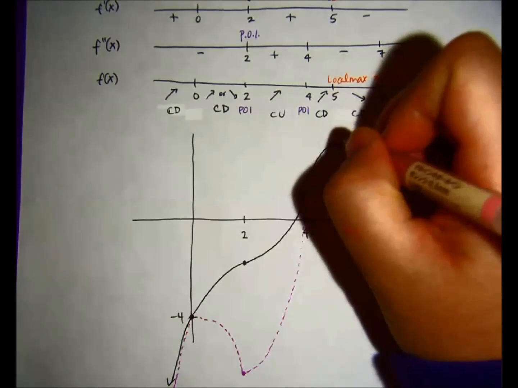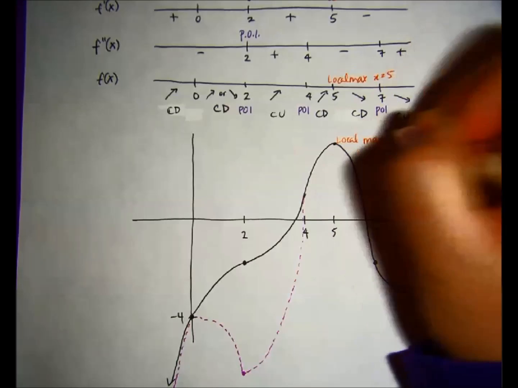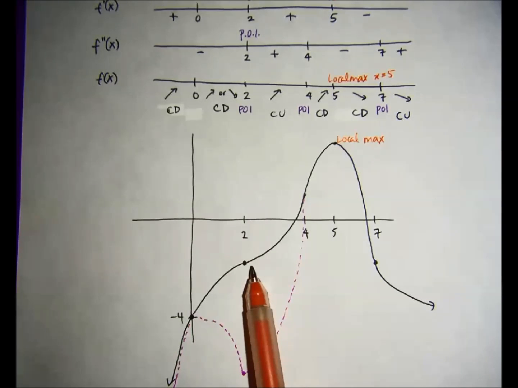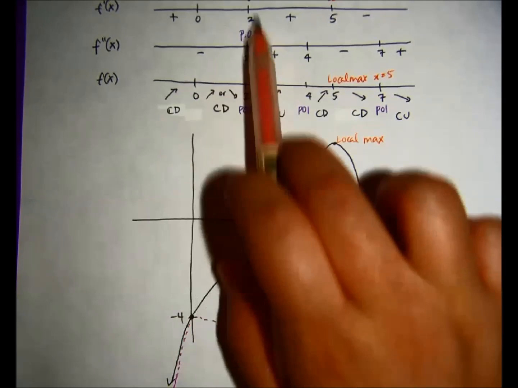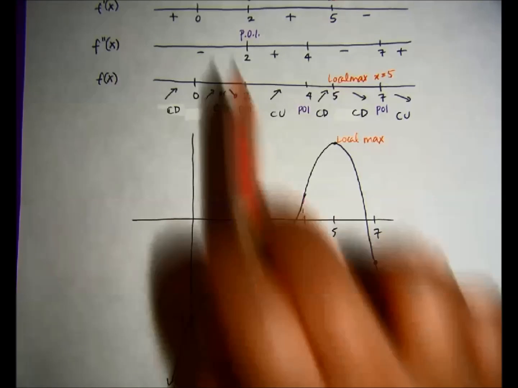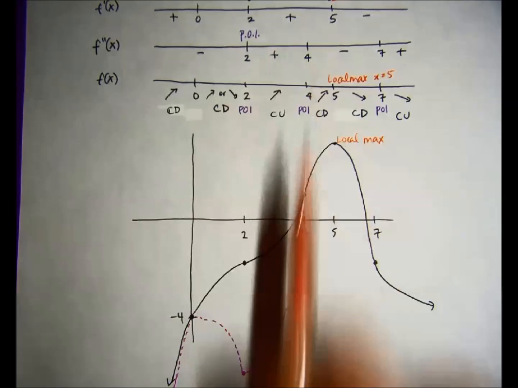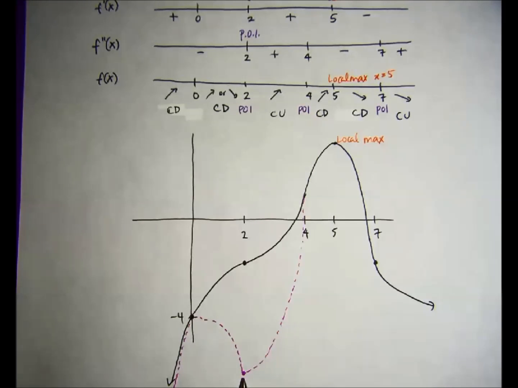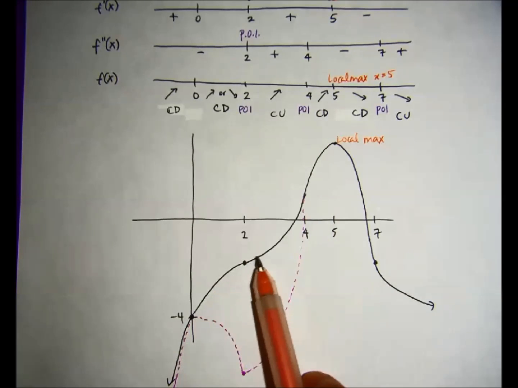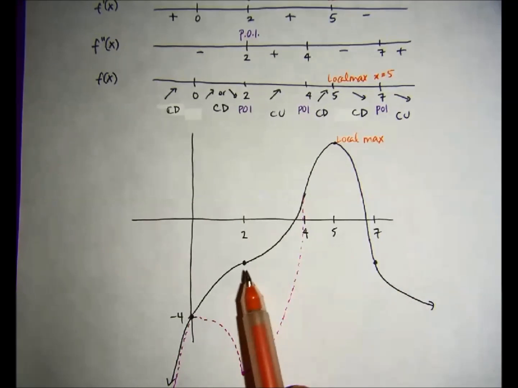I have a local maximum. And then just keep in mind, because we weren't told what this interval is, that's why we could assume that this x equals 2 point is either a local minimum, if it was negative, positive here, then this would be a local minimum. Or we could have also assumed that it's just a point of inflection, in which case this original graph that I drew would match that. Okay.